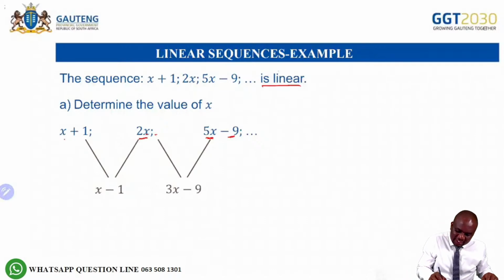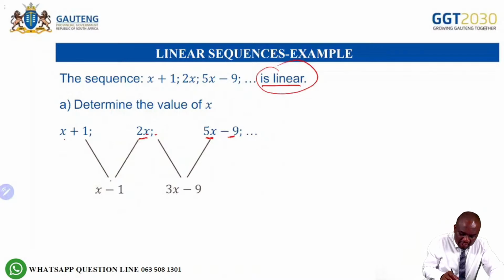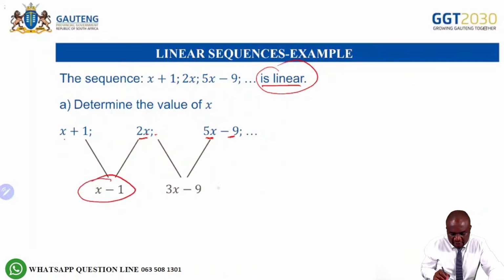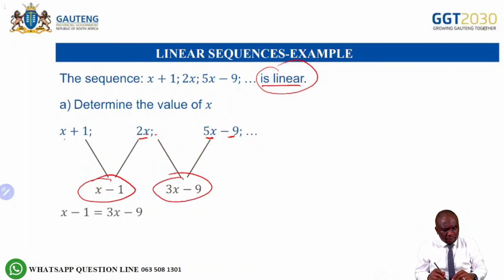We are told that this is linear. So it means the first differences must be the same. It means x minus 1 must be equal to 3x minus 9. So we equate those two. We have created an equation, and then we can solve for x here. Okay?